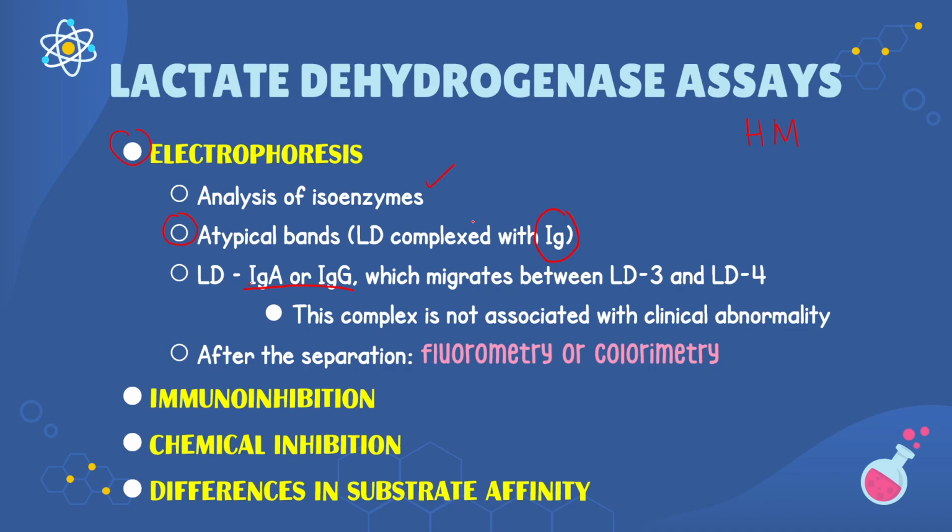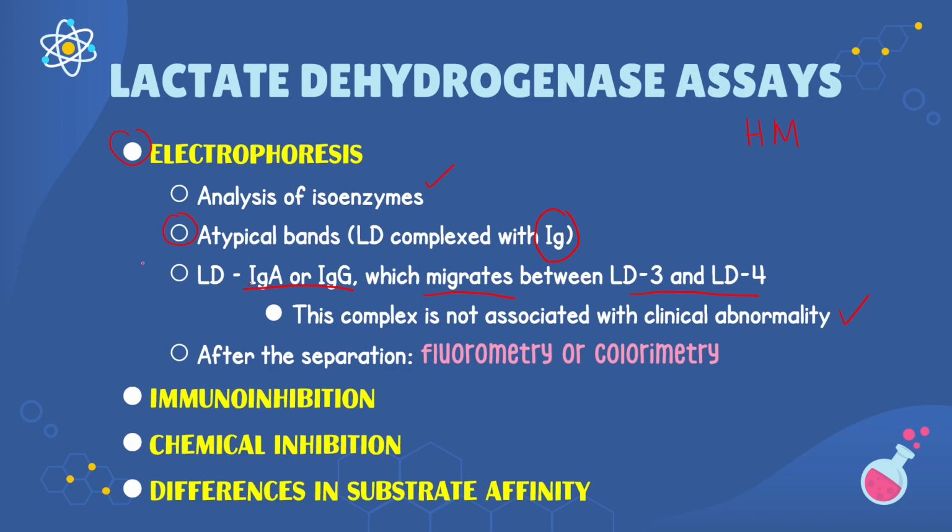Upon checking electrophoresis, this LDH in complex with immunoglobulins will be found to migrate in between LD3 and LD4. The good thing about this atypical band, this abnormal fraction, is that it is not associated with any clinical abnormality.